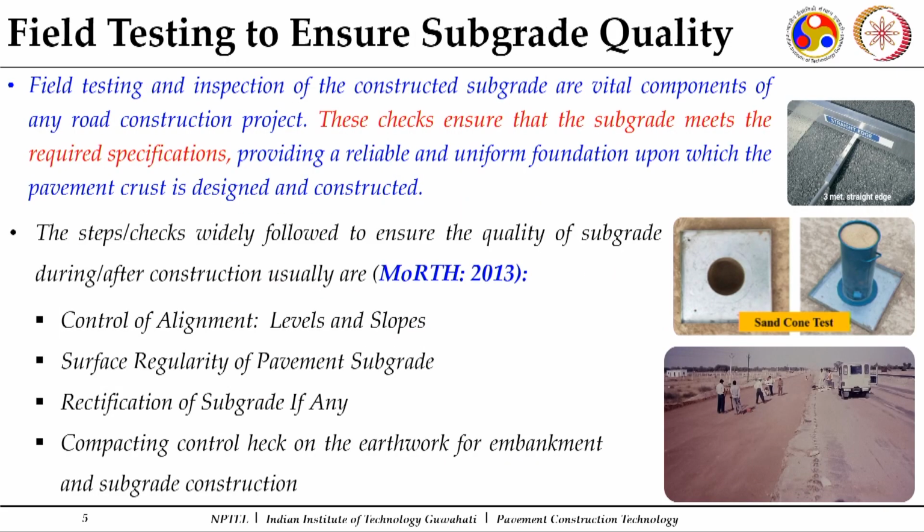Now, if the field testing is to be done to ensure the subgrade quality or the embankment quality, or in general we can say the earthwork quality during a road construction project, then there will be a series of checks which are required, so that especially the subgrade is meeting the specified requirements.